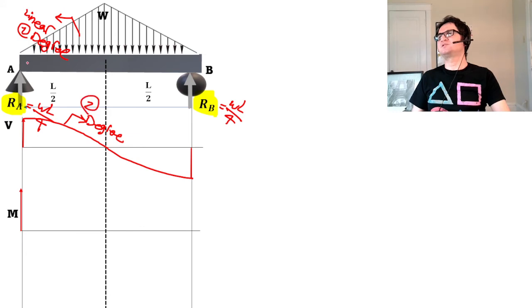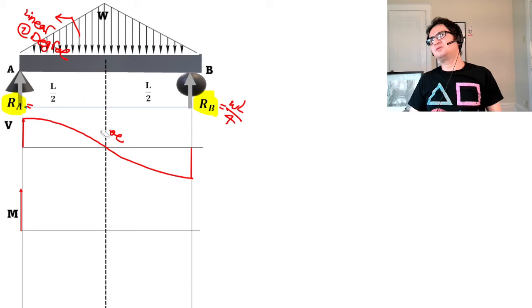This is first degree, goes by second degree in shear and third degree in moment. So if you remember, do you remember we talked about a parabolic spandrel? In that term, this is a second degree. This is a second degree as well.